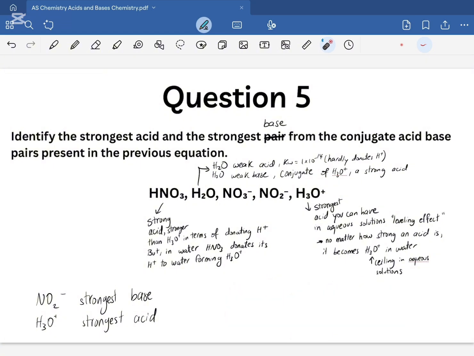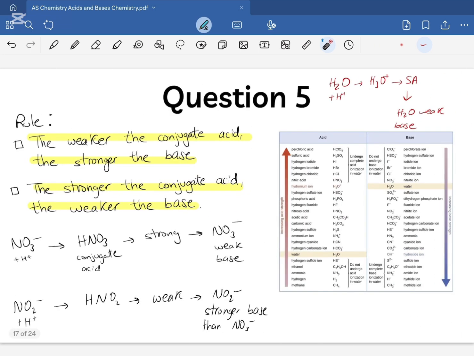So therefore, the strongest acid is H3O plus, and the strongest base is going to be NO2 minus, as it comes from a weak acid, whereas NO3 minus comes from a strong acid, that is HNO3, and H2O comes from a strong acid. And as we said, the weaker the conjugate acid, the stronger the base is going to be.